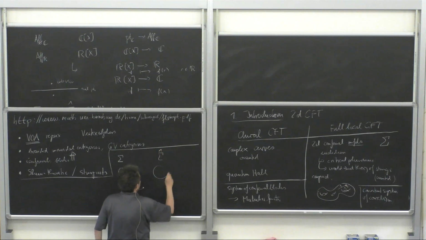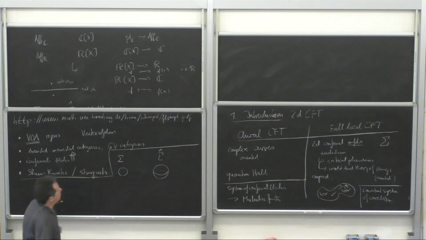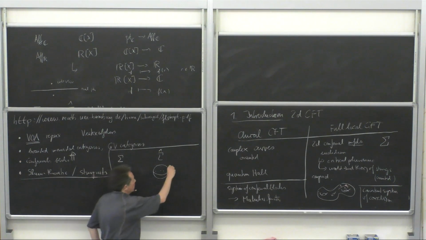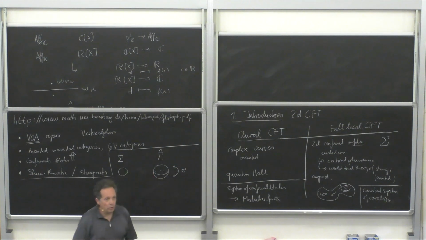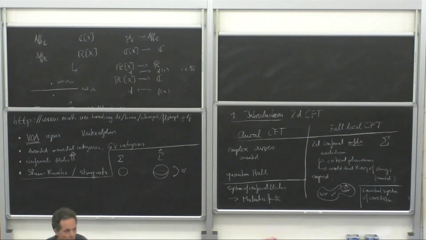Well, the double is really a sphere. Well, it is not the sphere. It is really the sphere plus the reflection at the equatorial plane, which is an anti-holomorphic involution. Anti-holomorphic means it respects the conformal structure, but it reverses the orientation.